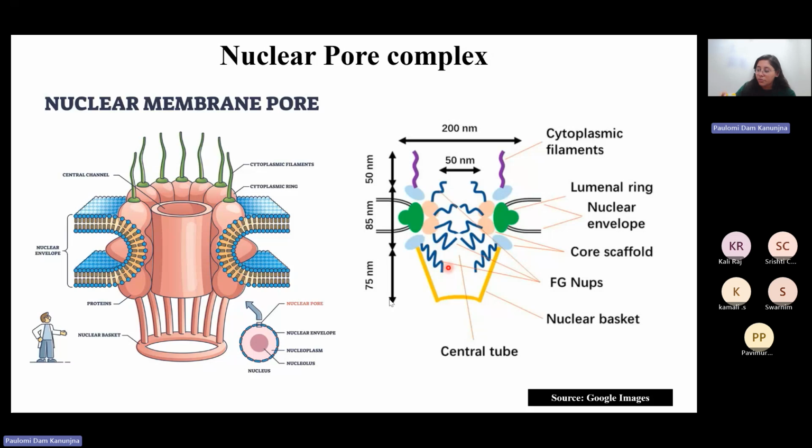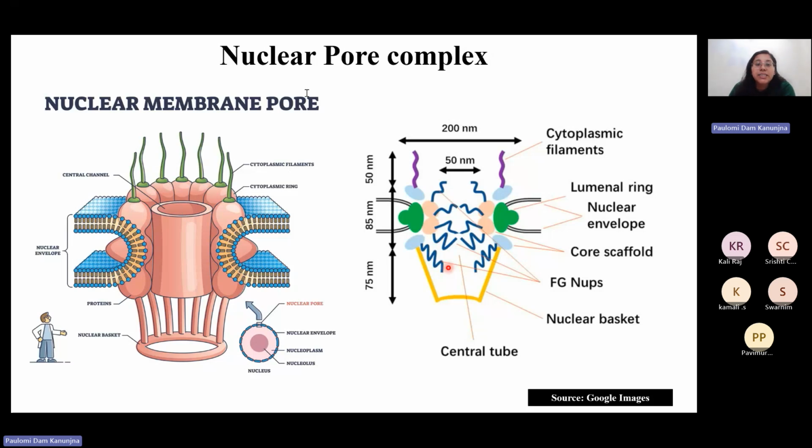So right now we are talking about the nuclear pore complex. It basically means that the pore is lined by multiple proteins together, right? So there's a protein complex which is embedded in the envelope.